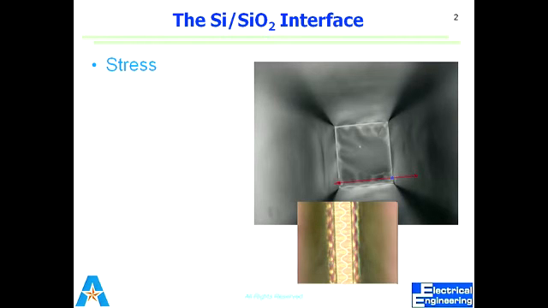When you let the wafer cool down from such a high temperature, due to the difference in the TCE, the thermal coefficient of expansion of silicon is much different from silicon dioxide. Silicon dioxide is 5 times higher than that of silicon.